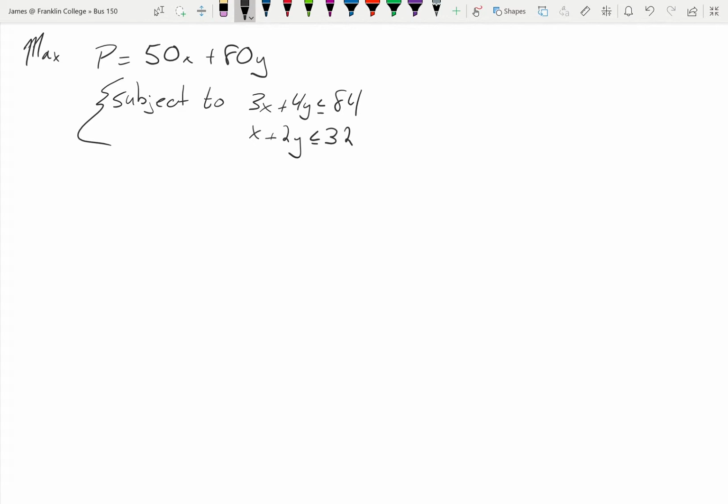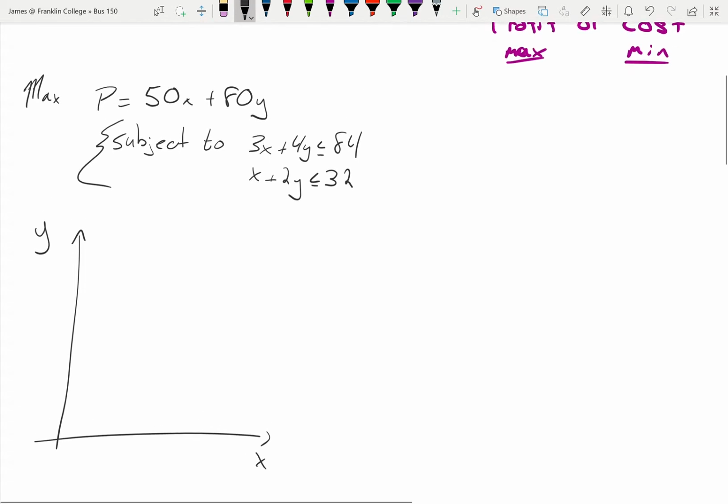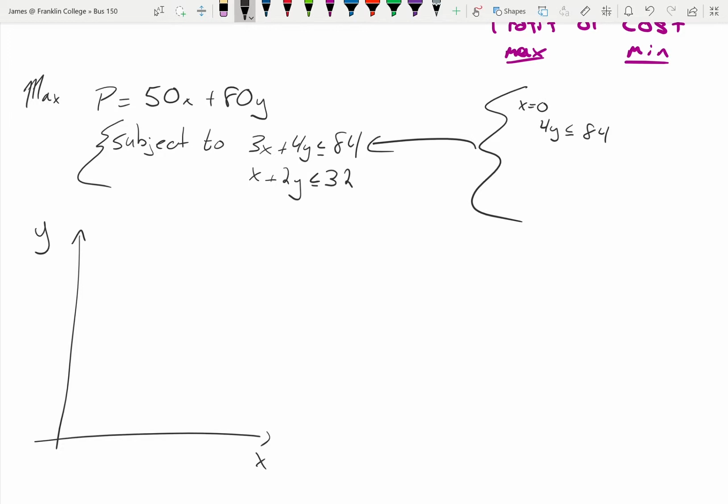Alright, so we're going to want to graph y, x. And we're only going to be interested in the first quadrant. Alright, so let's deal with this first linear inequality first. So when x equals 0, we know that 4y has to be less than or equal to 84, or y has to be less than or equal to 21. So we got the point 0, 21, and we know y has to be less than or equal to 21.